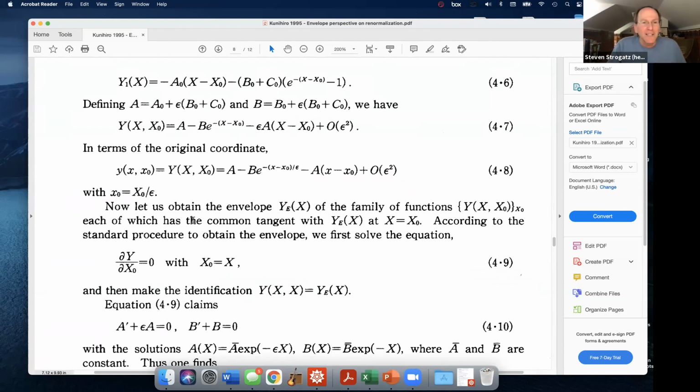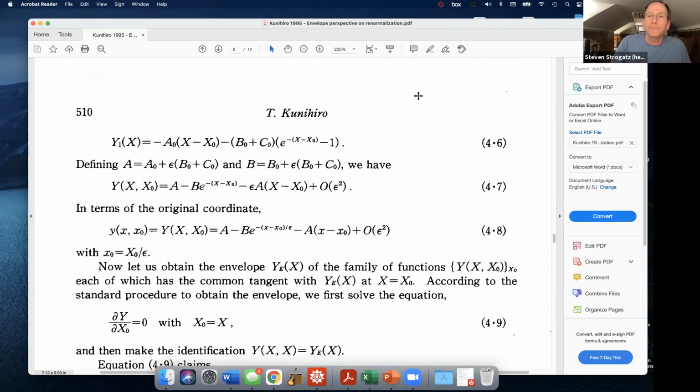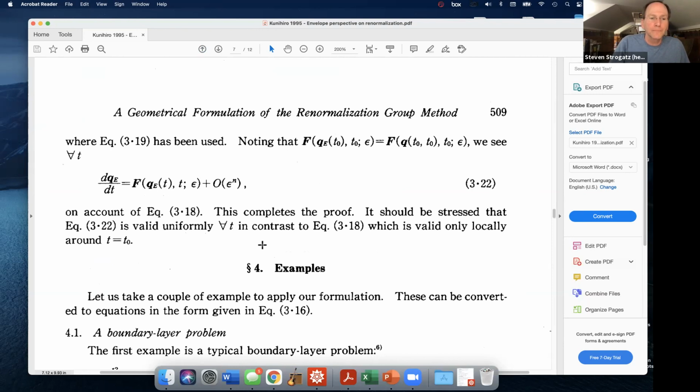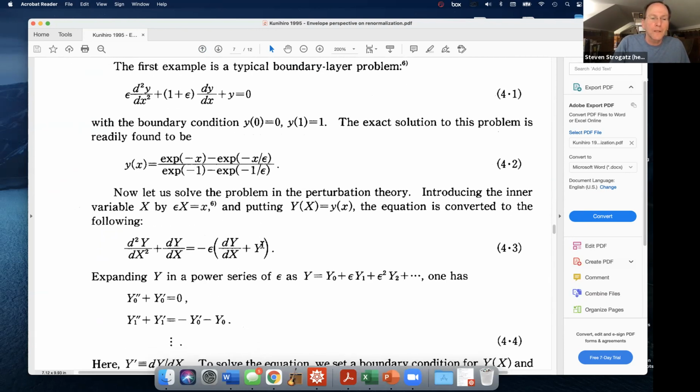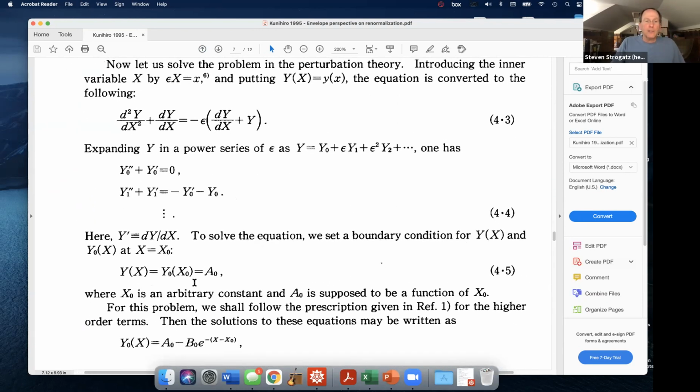When he does that, he ends up deriving equations for A and B that are differential equations with respect to the x0 that they depend on. I mean, A and B really, this is confusing. Are A and, remember, we said earlier, way back here, he said, I choose some interior point x0 that's arbitrary.